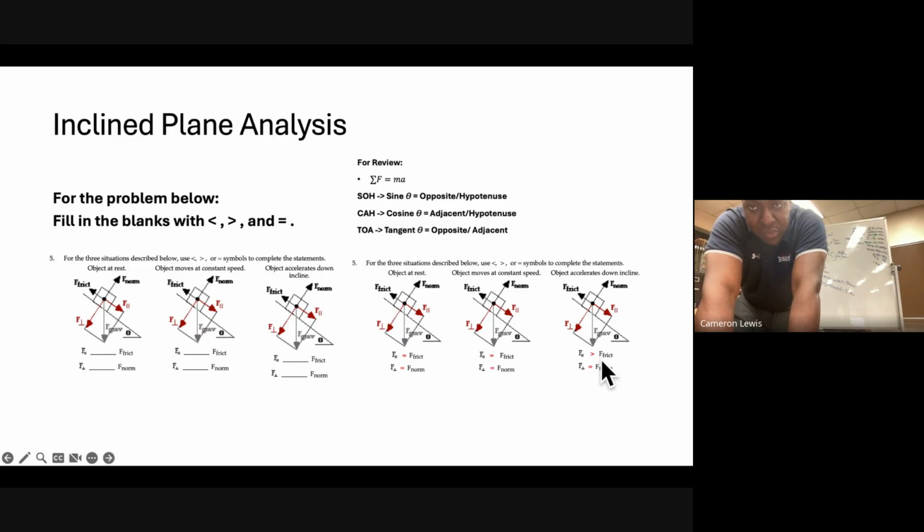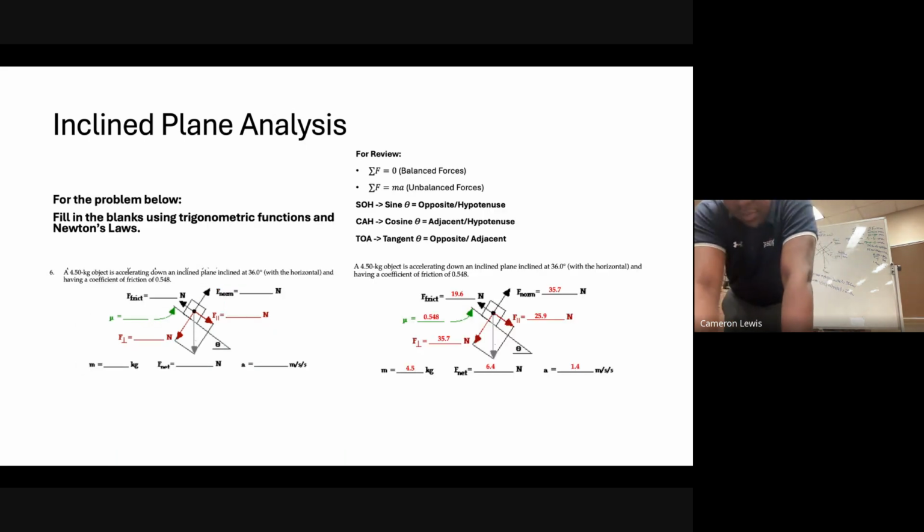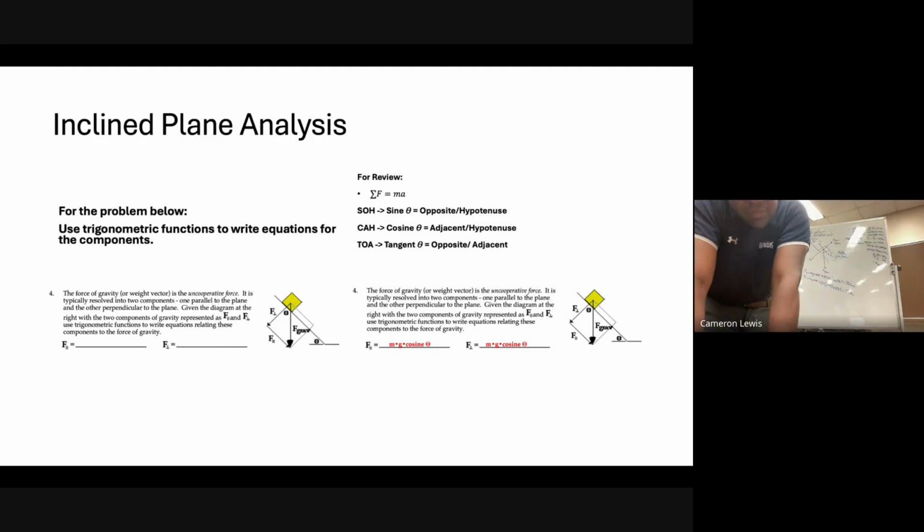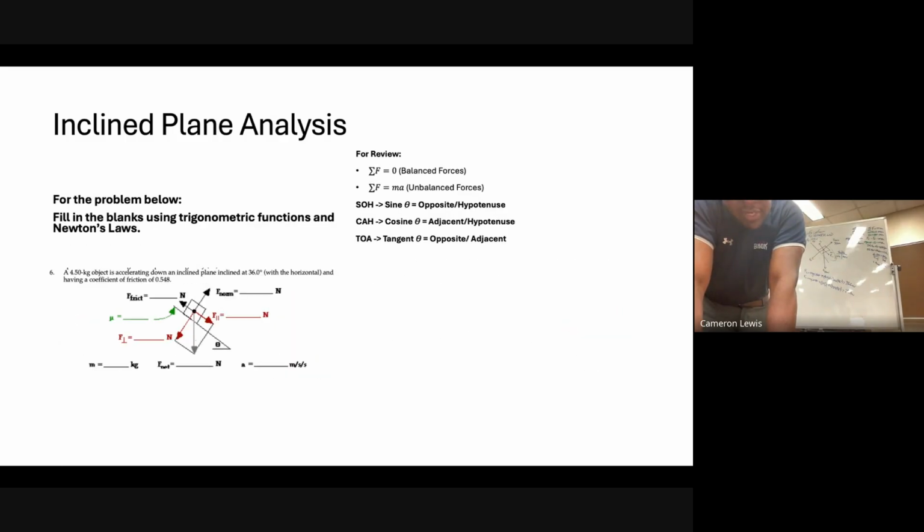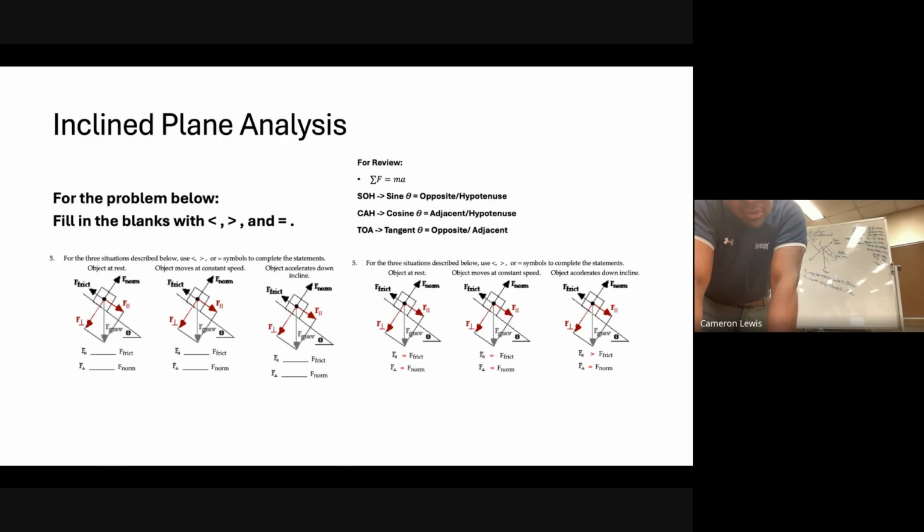But in this one, where you see it accelerates down the incline, we have a winner minus loser situation. So we have to look at the sum of the forces being equal to mass times acceleration. That's what we have over here on the right. But we use those equations that we developed in the beginning to help us find that very easily when we're dealing with things on the downhill.